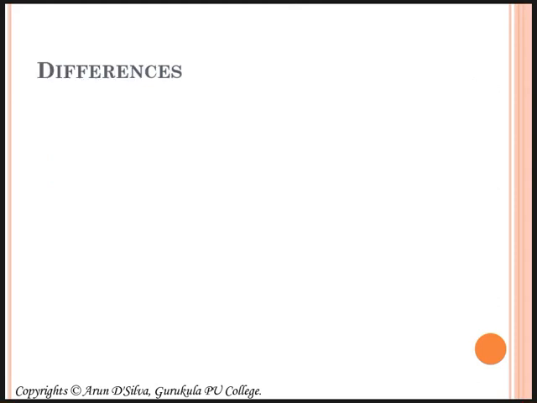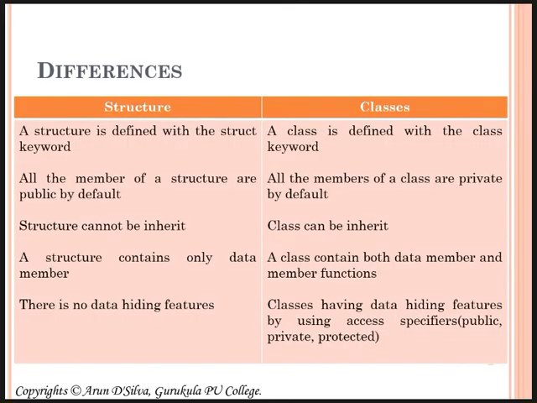The last concept I wanted to put in front of you is the difference between structures and classes. Of course, a structure is defined with the struct keyword, and a class is defined with the class keyword. The second one is that all the members of a structure are public by default, but in a class, by default, they are private.